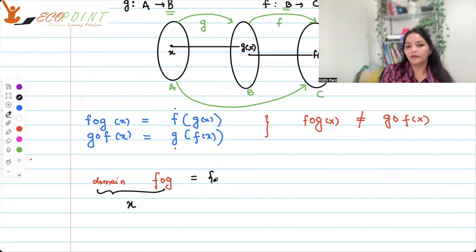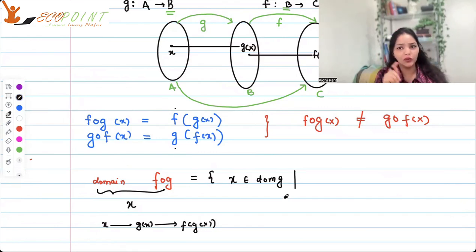Always remember, what's happening here is you have an x which generates g(x), and once g(x) is generated, you are able to generate f(g(x)). So what kind of x do you require? You require an x that can generate g(x). That means it must be in the domain of g.